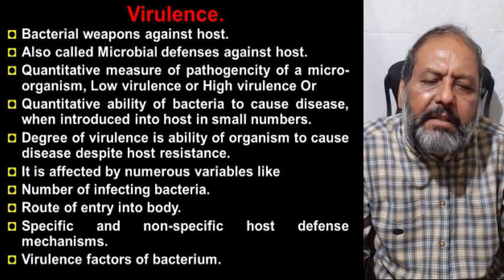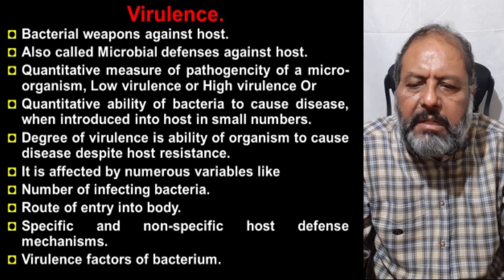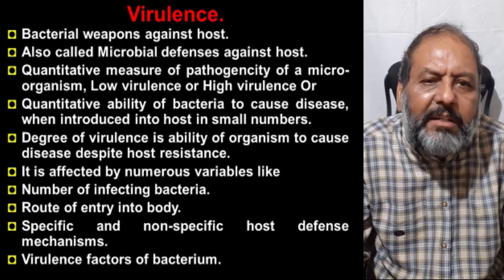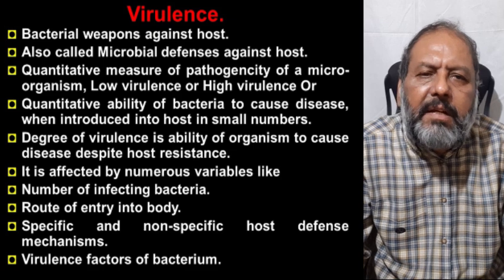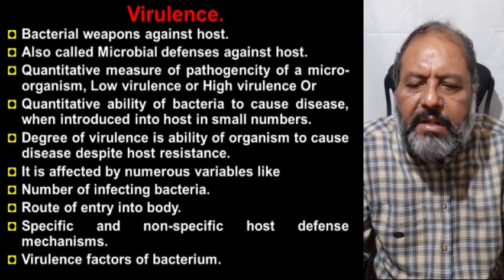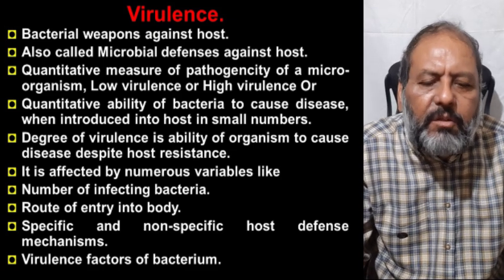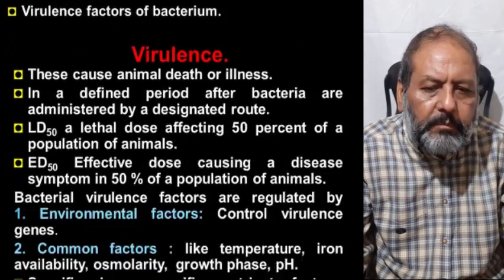It is affected by numerous variables like the number of infecting bacteria, the route of entry into the body, specific and non-specific host defense mechanisms, and virulence factors of the bacterium.